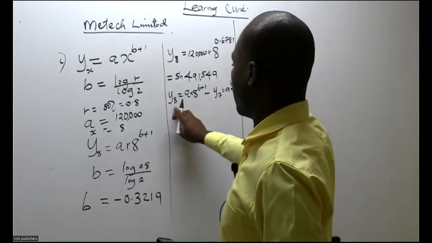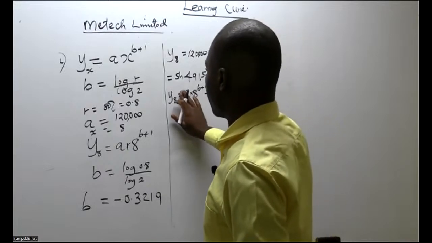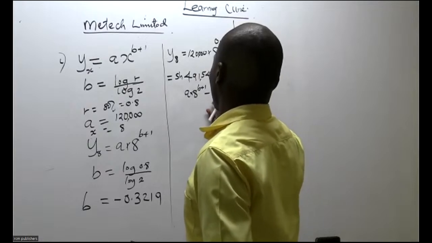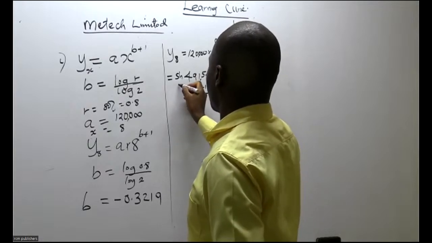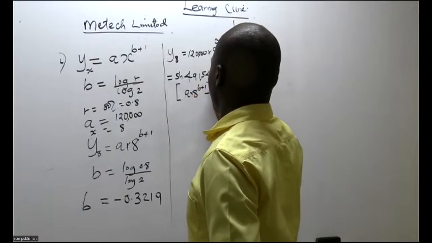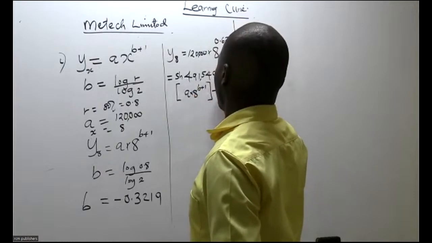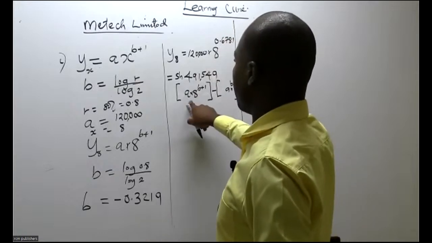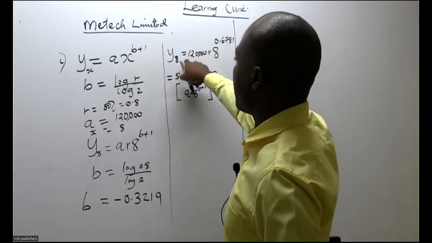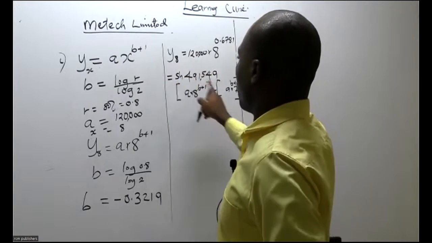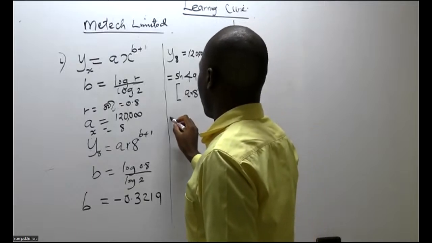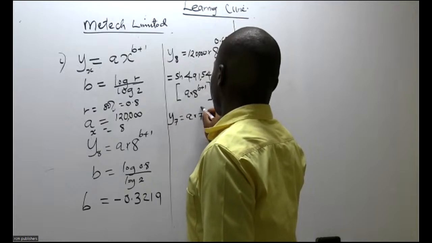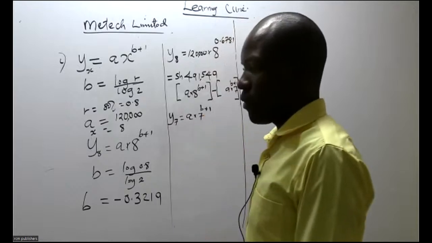So it will give us y equal to this, or you just give us this one here, just indicate that way without indicating equal to. It will be this minus what we have on the other side. Because we already have the cost of producing the first 8 batches, it is what we've calculated here. What we need to look for is basically y of 7 equal to a times 7 raised to power b plus 1.